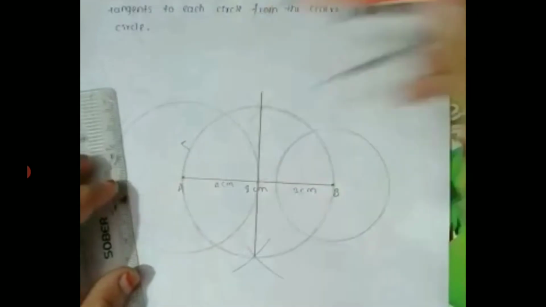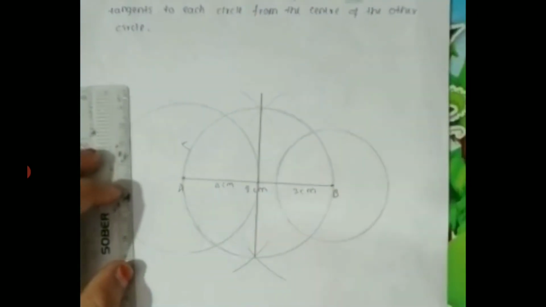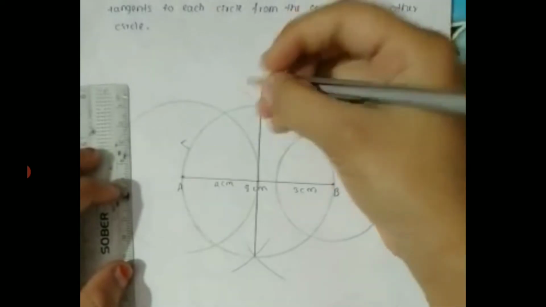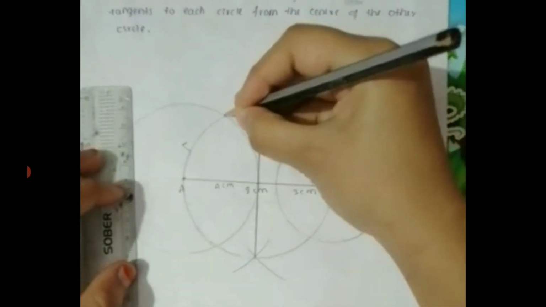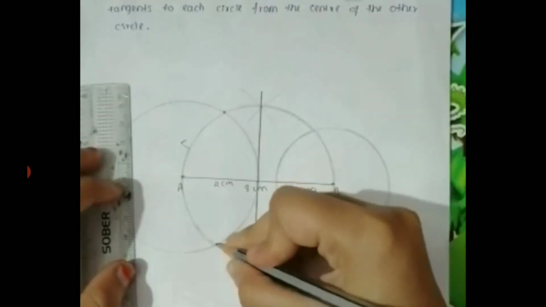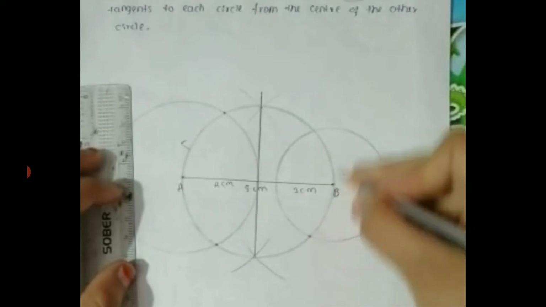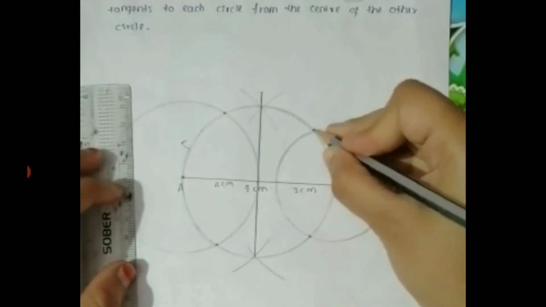Now to get tangents, these are the points of intersection of the first circle and the third circle drawn with AB as a diameter, and these 2 points.